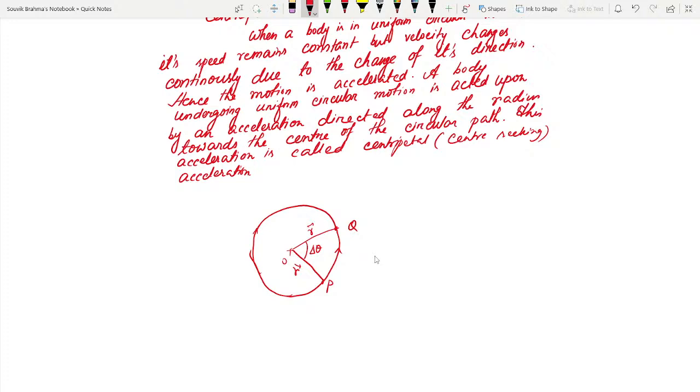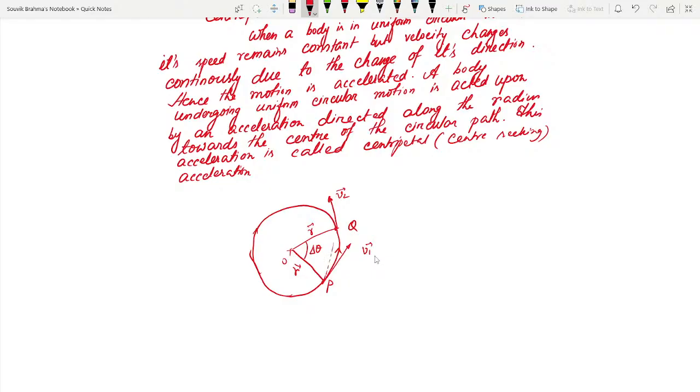If at point P I draw a tangent, it gives the direction of the velocity v1 at that point, and at point Q another tangent gives v2.